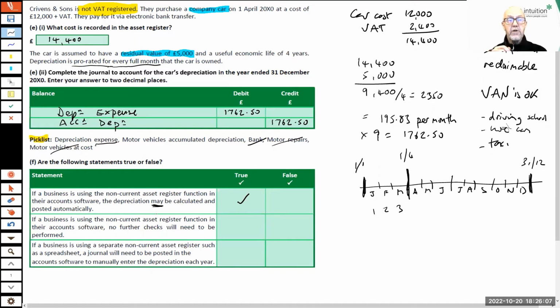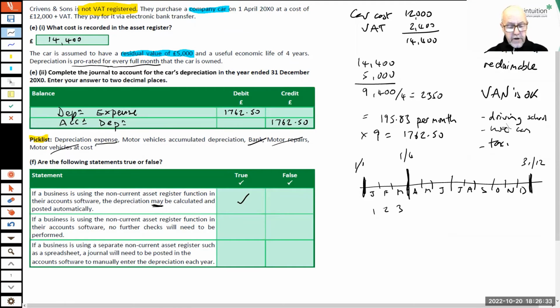Lots of things are usually, lots of things are sometimes, very few things are always, and very few things are never. So that can sometimes be a warning word, because a lot more things may be true than are always definitely true. If the business is using the non-current asset register function in their accounts software, no further checks will need to be performed.